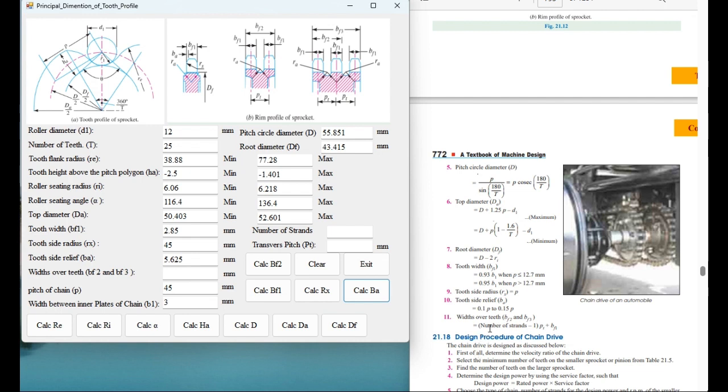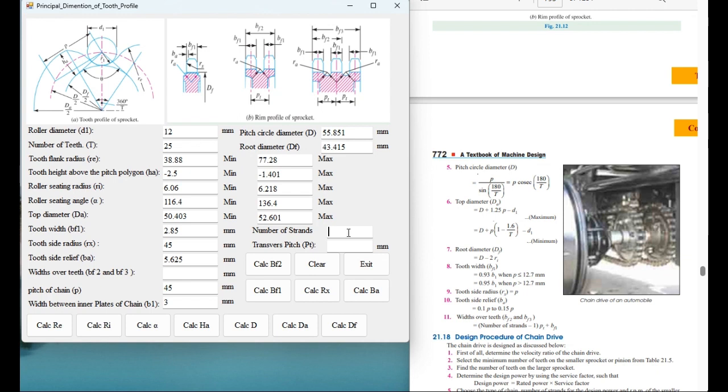Then the width over teeth BF2 and BF7. Here BF2 and BF7. Then calculate BF2. This becomes the number of strands minus 1, times the transverse pitch PT, times BF1. Then we have to enter the number of strands. It may be simplex, it may be duplex, it may be triplex.